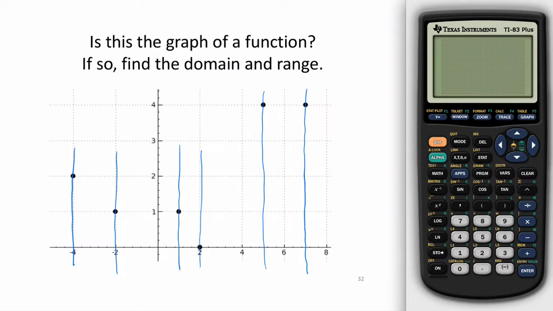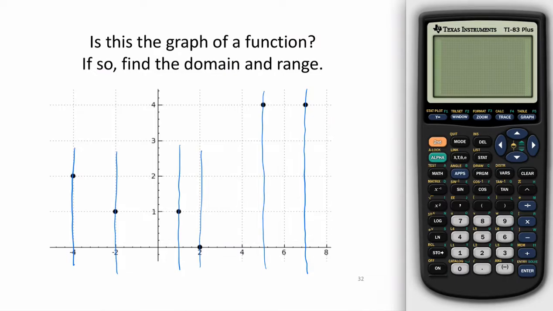Every other vertical line in the plane doesn't intersect the graph at all. So I can't find a vertical line that intersects the graph more than once. We pass the vertical line test. This is the graph of a function.